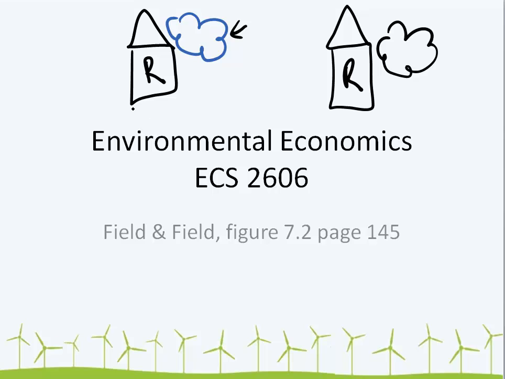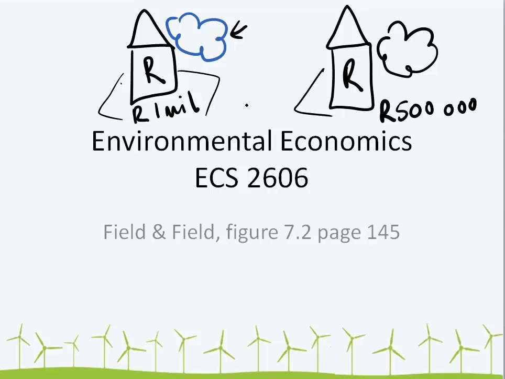If this house is 1 million and this house is 500,000 and all the other stuff is the same, the number of rooms, the yard size, the square meters, the size of the house, everything else is the same, and the only difference is that one is in a clean air environment and the other in a polluted environment, then we can say the difference in the price shows how much we value clean air.